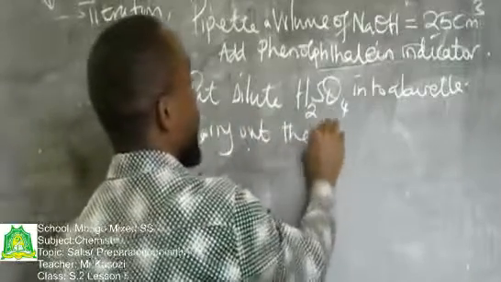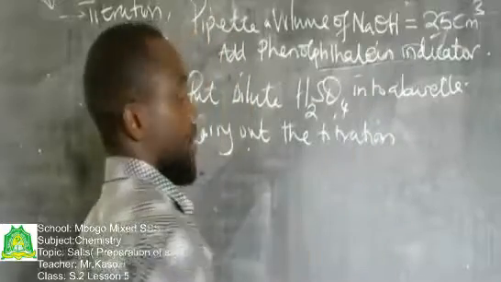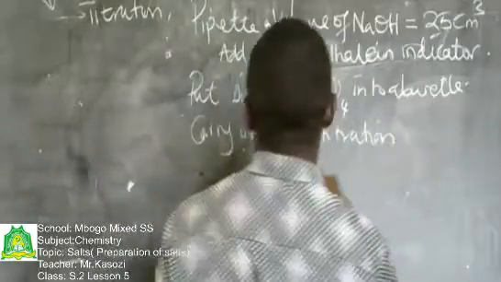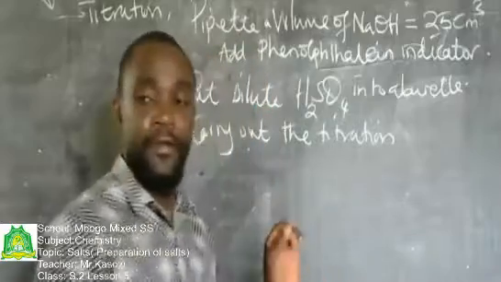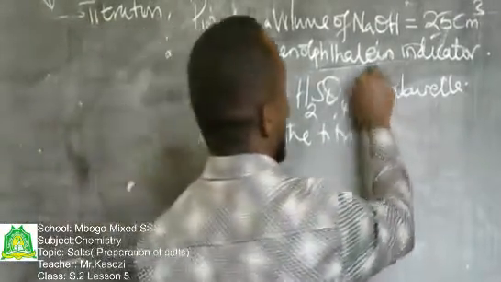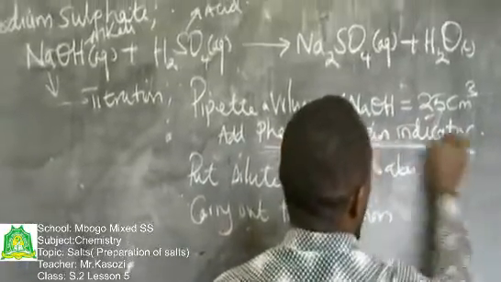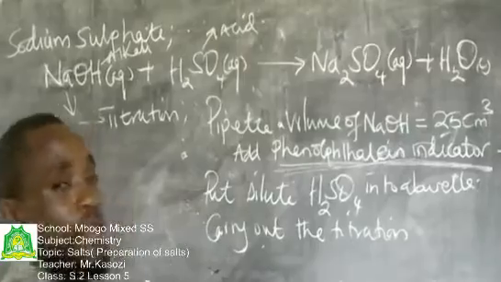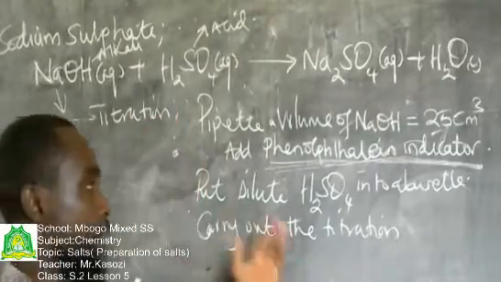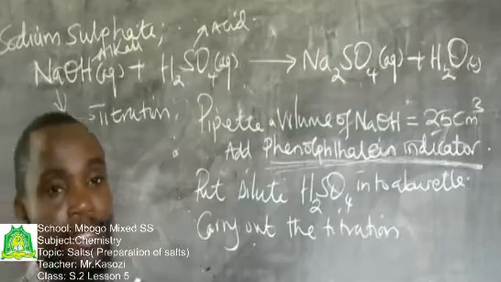Why do we carry out the titration? To find the end point of the reaction. What is the end point? Where you see a change in the color of the indicator. Once the indicator changes, maybe from pink to colorless, it means that the reaction has ended.